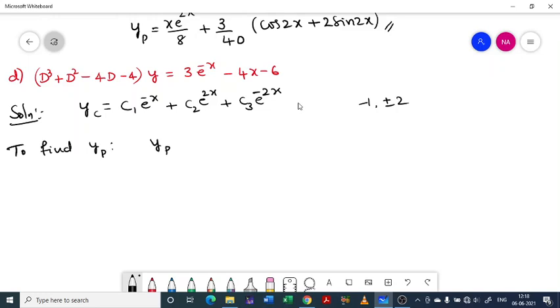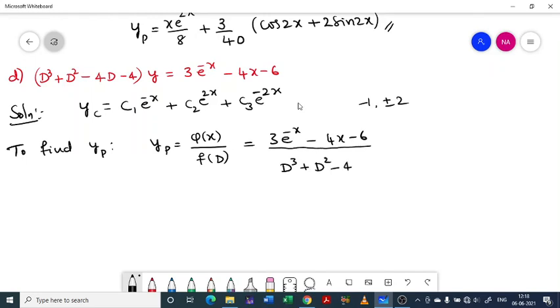yp is phi of x divided by f of D. So here phi of x is 3e^(-x) - 4x - 6, divided by D^3 + D^2 - 4D - 4, right?